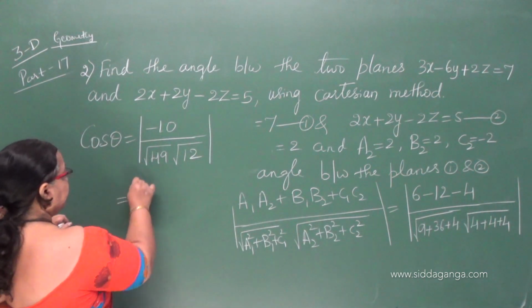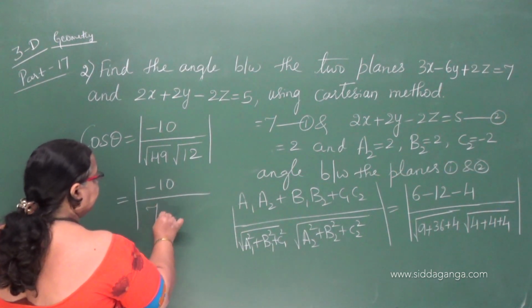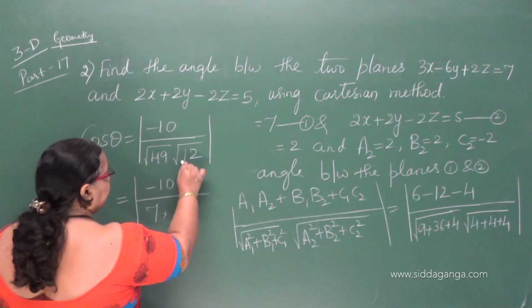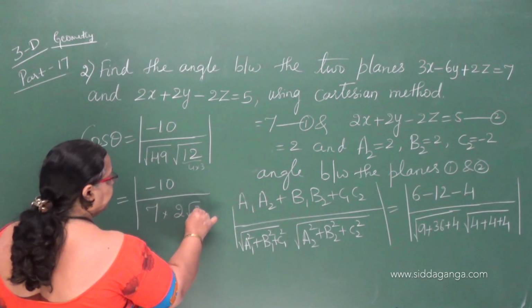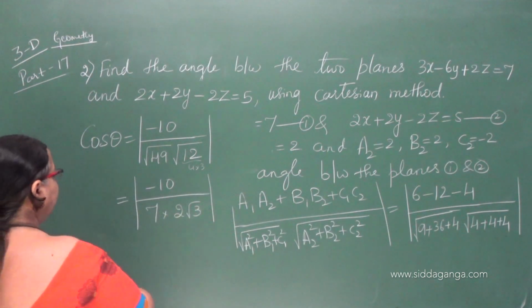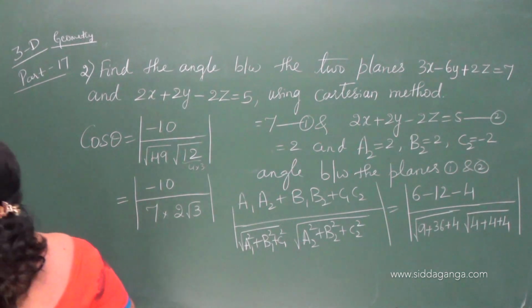That is equal to modulus of minus 10 divided by 7 into root 12. If I write 12 as 4 into 3, we get 2 root 3.